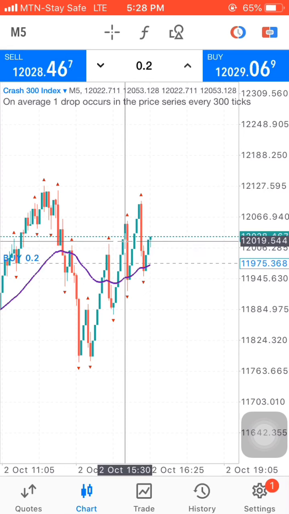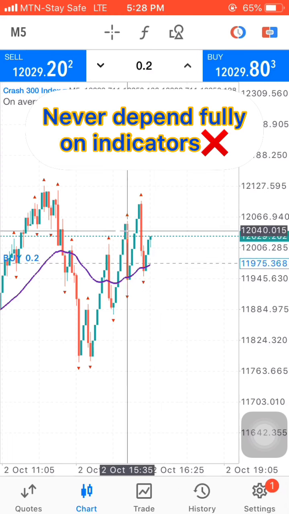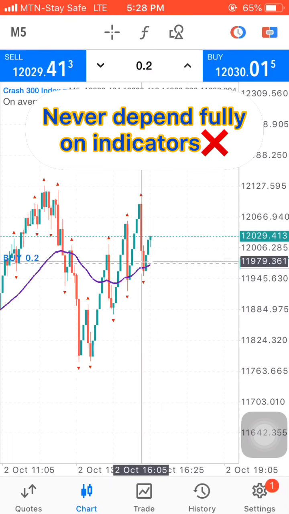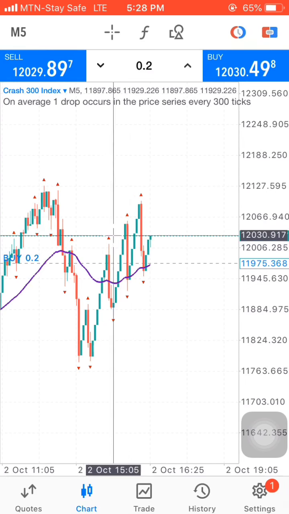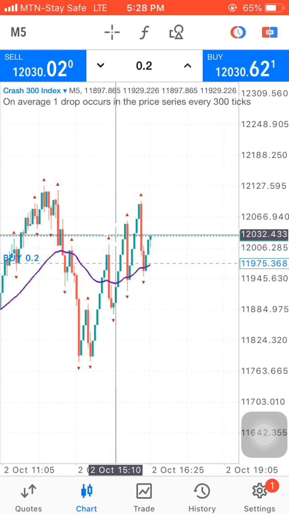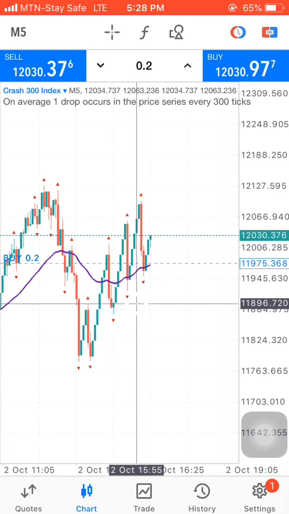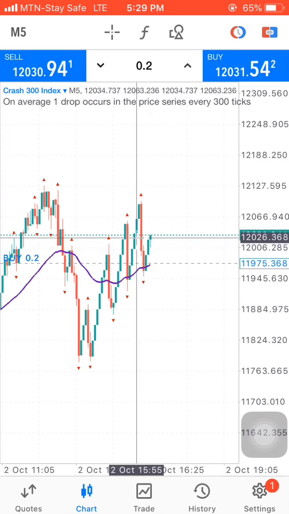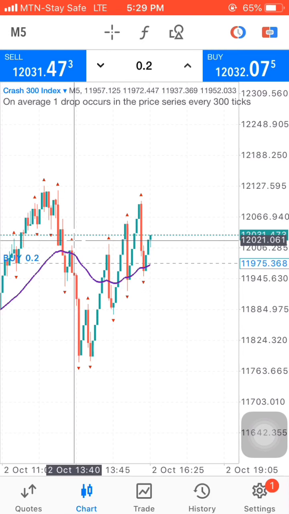Had it been I did not see the trend and I wanted to use this, I would wait for it to pass this last fractal, which serves as a resistance, because I told you that the fractals are going to serve as our support and our resistance. So this serves as our resistance, but now it has passed it, it has broken it.